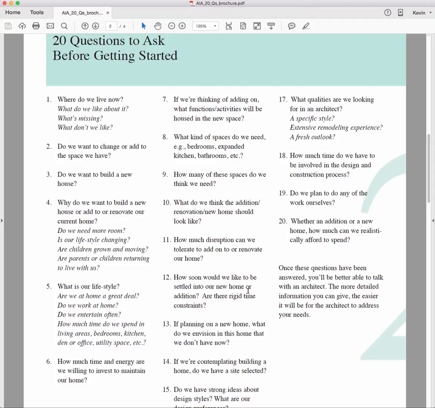12, how soon would we like to be settled in our new home or addition? Are there rigid time constraints? Okay. Well, people will always say, well, I'd like that tomorrow, right? Because we'd always like instant gratification. But in the home situation, perhaps somebody is coming to live with us.